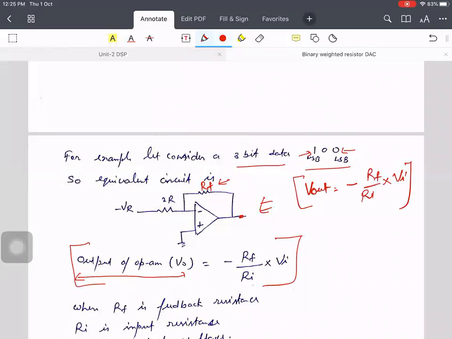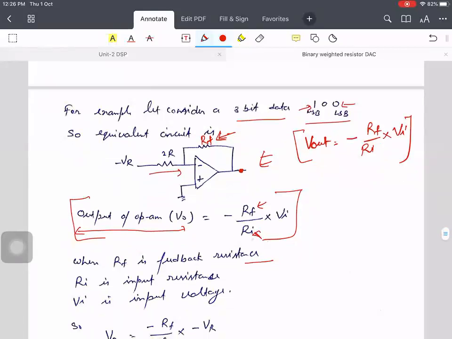So V out equals minus RF upon RI into VI, where RF is your feedback resistance, RI is your input resistance, VI is your input voltage.